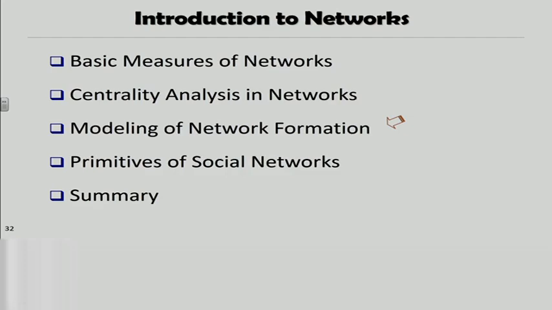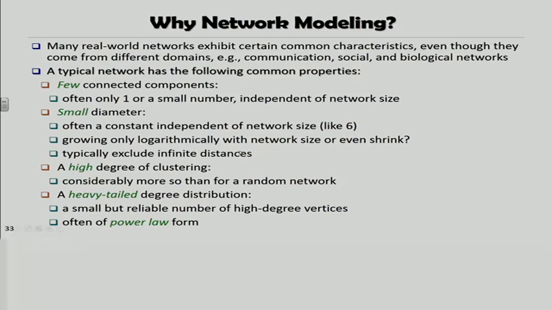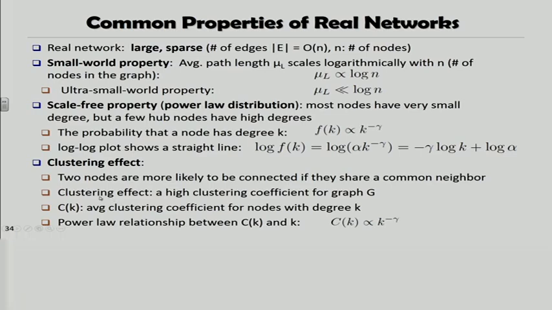And we gave you a few general properties. The network has very few connected components because almost everything is connected. It has very small diameter because it's very dense and things are interconnected. It has a high degree of clustering and a heavy tail following the power law. And we gave you a few formulas.